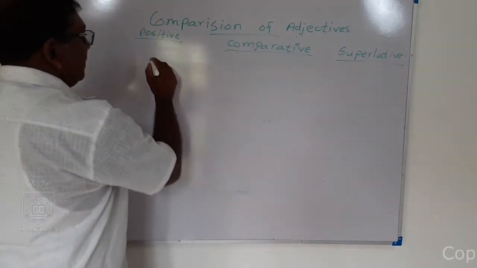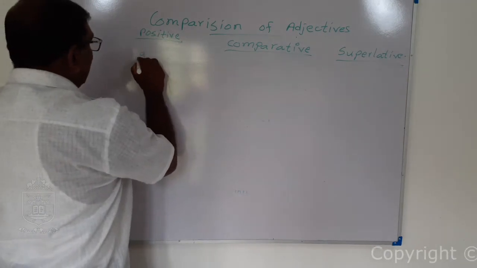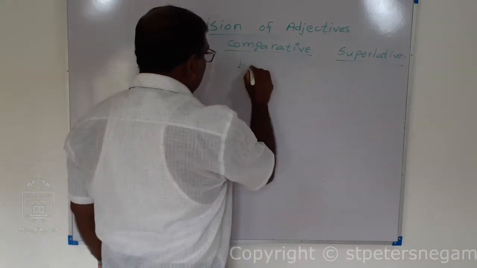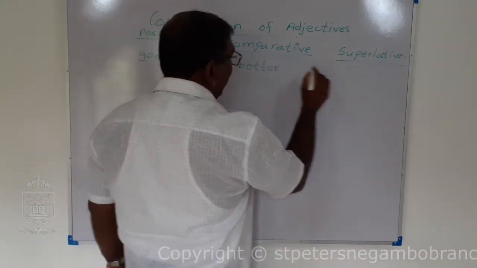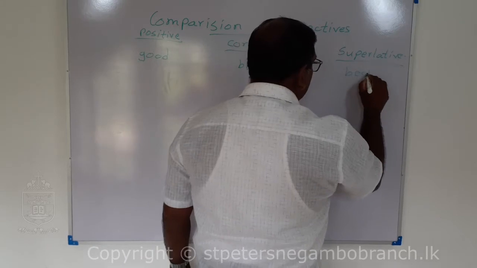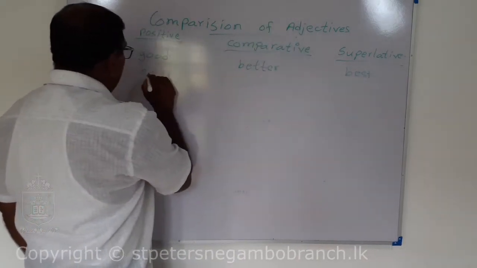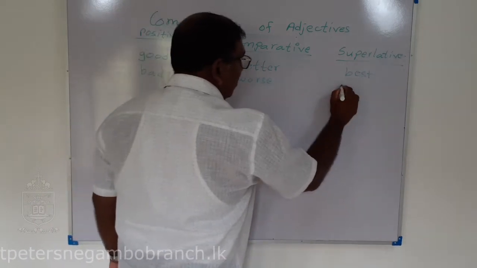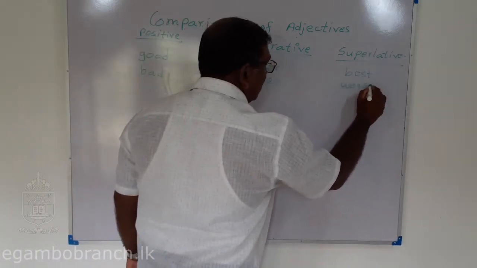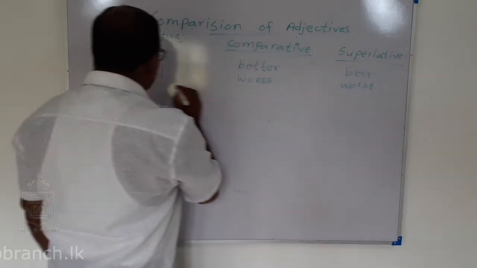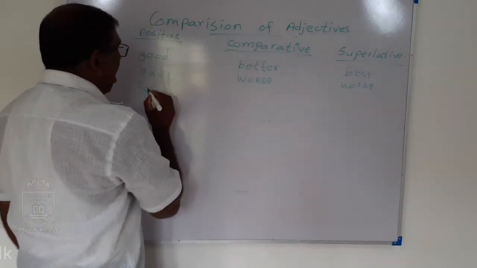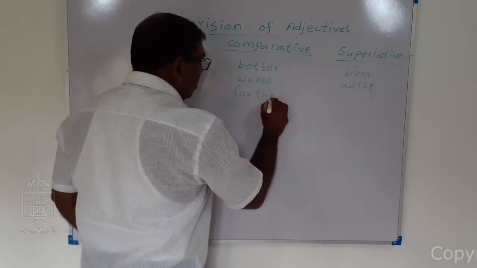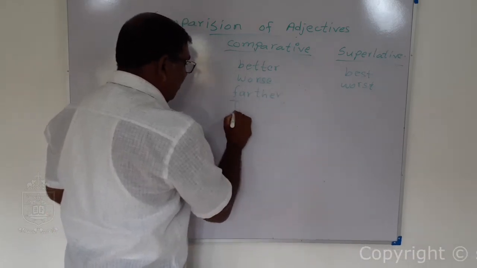Now look at this. Irregular adjective, first is good. So it becomes better. For the superlative, best. Bad, worse. Superlative, worst. If you say far, far becomes farther, or you can say further.